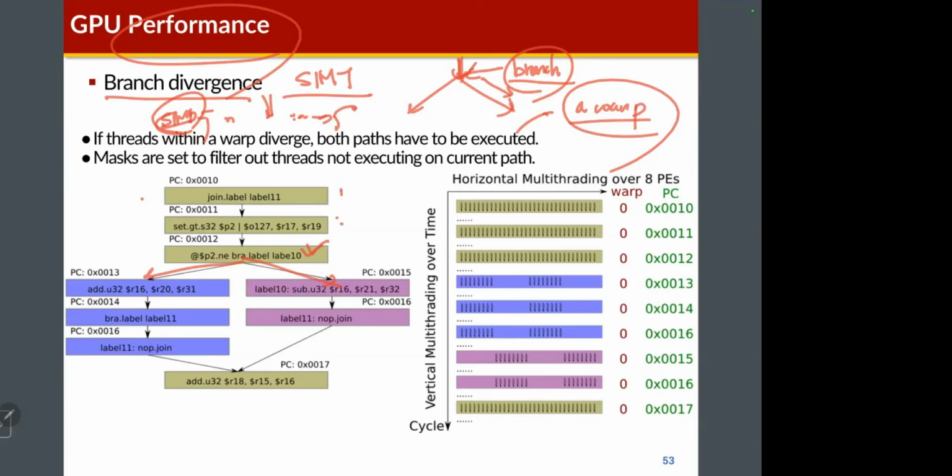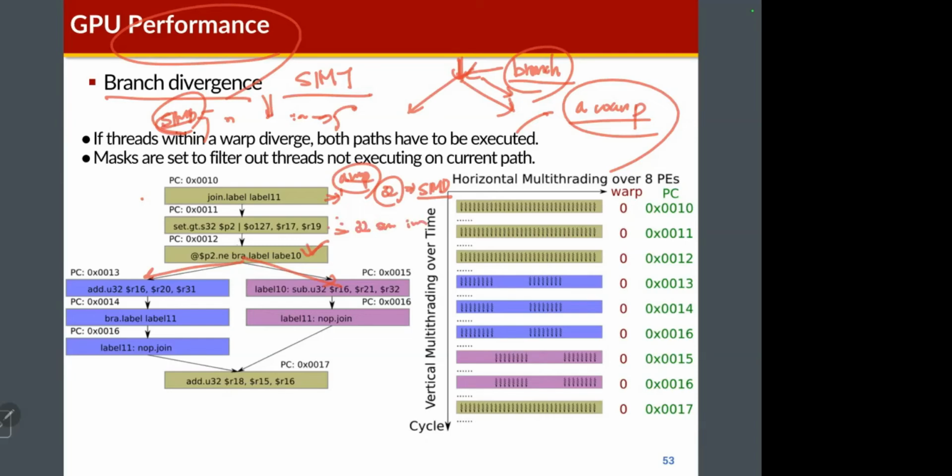So a warp executes the same 32 instructions, like SIMD.